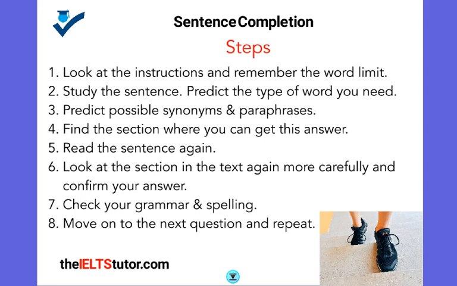Step number 7, check your grammar, check your spelling, because even if you have identified the answer correctly, if you are missing one simple letter, if you are missing one simple verb like is, for example, you will get a 0. No arguments, a 0. So it helps for you to be very, very meticulous in writing down your answer. And make sure that your handwriting is also legible to your marker.